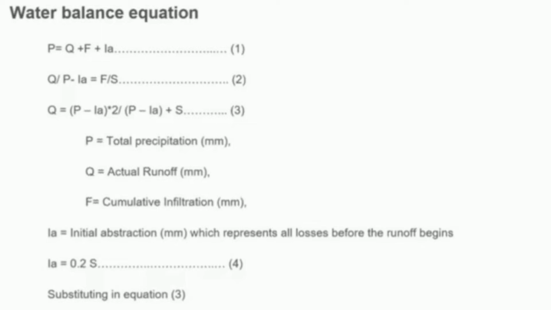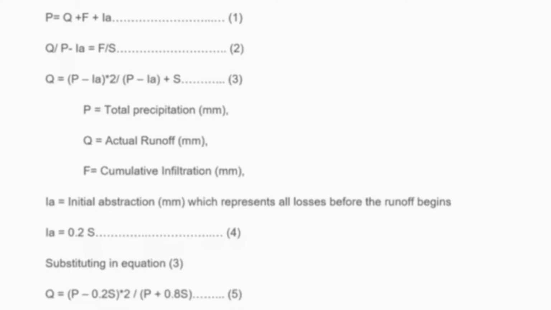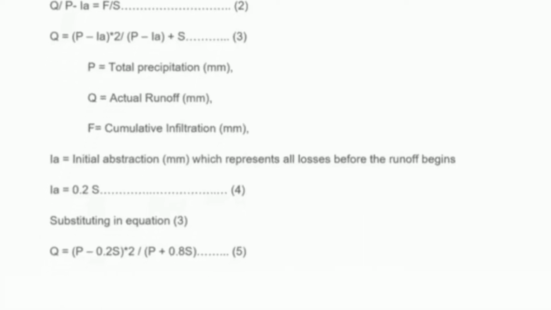Q over P minus Ia equals F over S. P is the total precipitation, Q is actual runoff, F is cumulative infiltration, and Ia is initial abstraction, which represents all losses before the runoff begins.